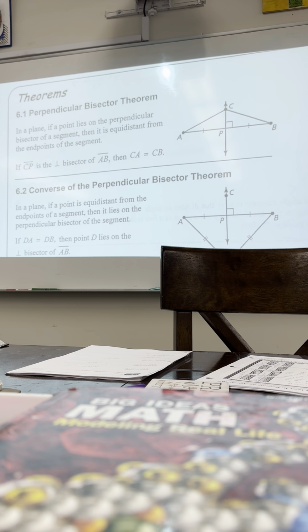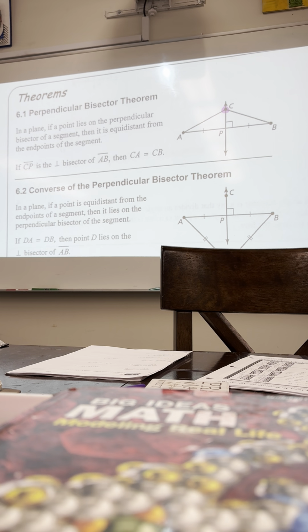I'm going to ask you for some pieces, and I want to hear from everybody. In that picture, what is the point that lies on the perpendicular bisector? C. What is the perpendicular bisector? CP. CP is a perpendicular bisector of what? AB.